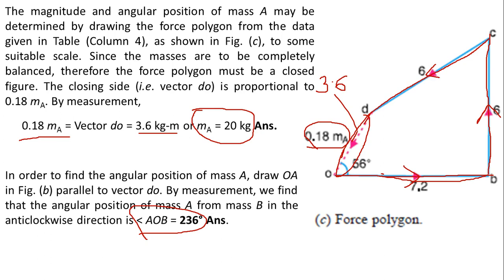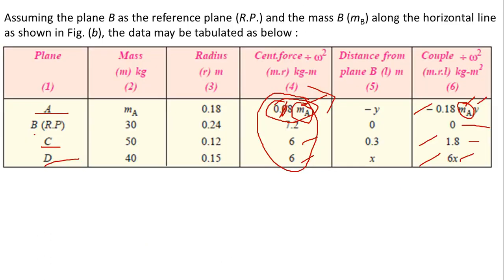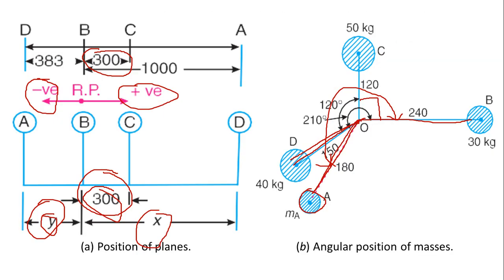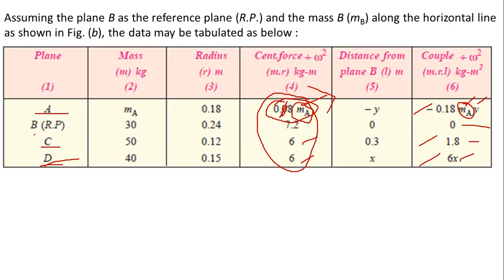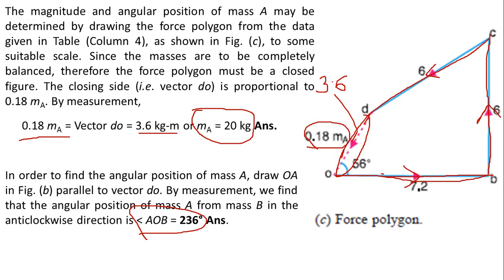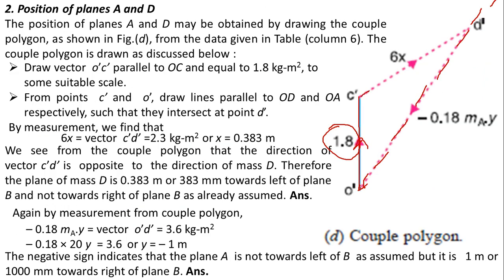Then similarly for D, you know the position of the mass D, that is 210 degree, this position. So parallel to this OD, you can take and draw from this one to get the intersection at the point D. From this line and this line you will get the intersection at this point, which is nothing but D dash. Once you get this, you can measure this value.